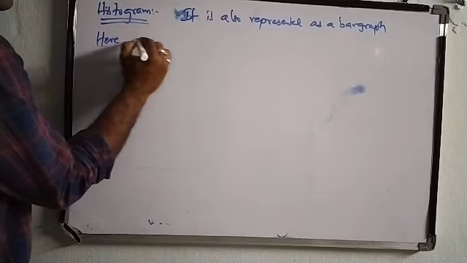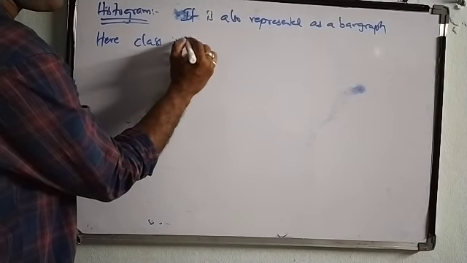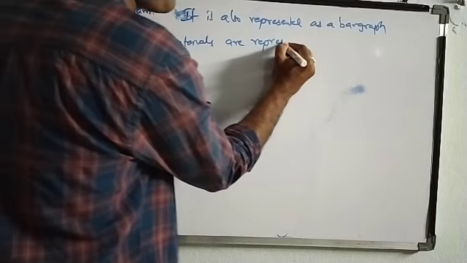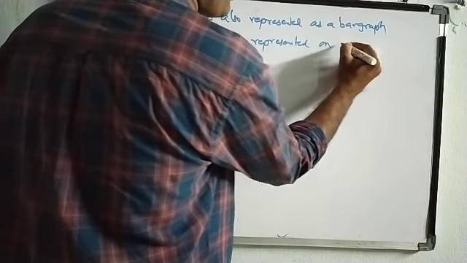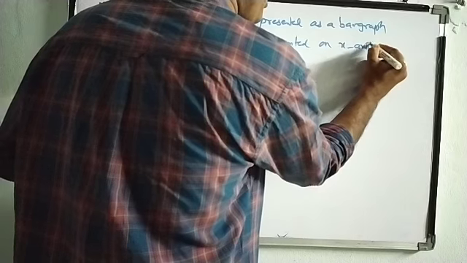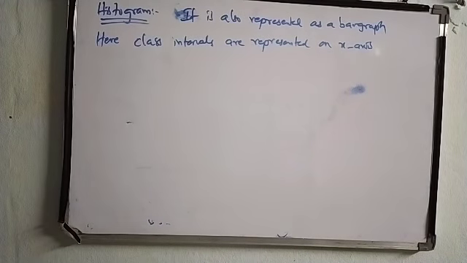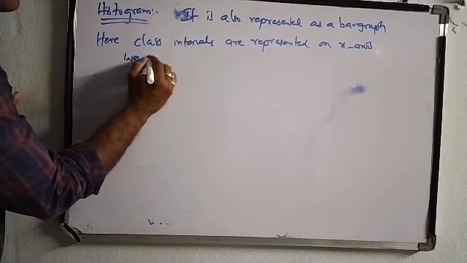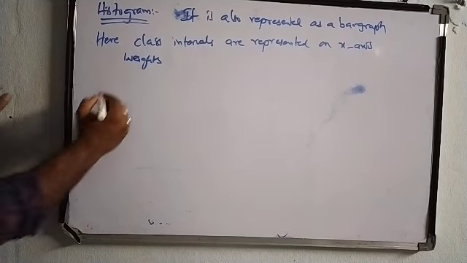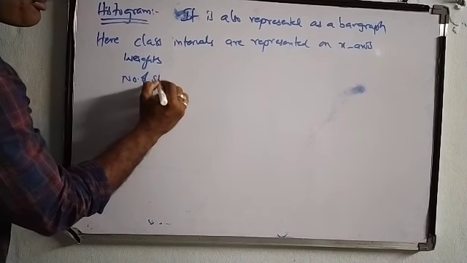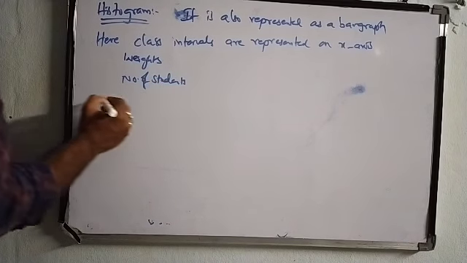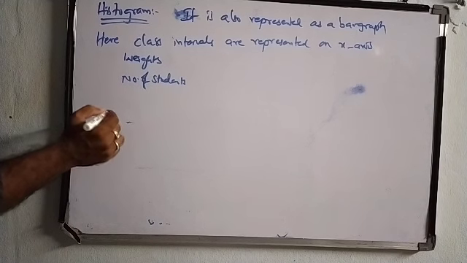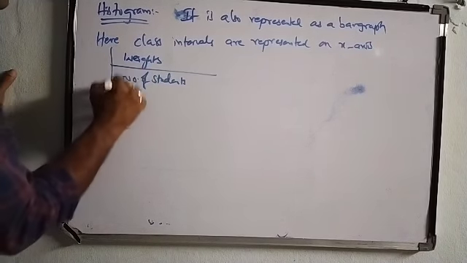Here class intervals are represented on the x-axis. So the only difference is that there the names are there, here class intervals will be there on the x-axis. Let us see, some data is given here: weights and the number of students. It's not an example question, it's a normal question.